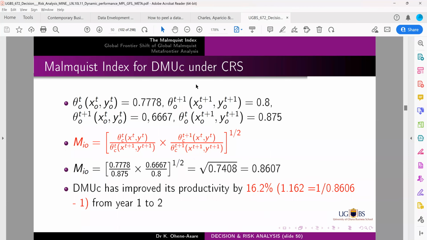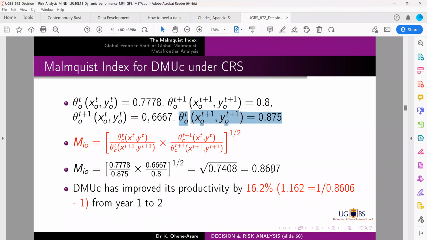We're able to apply this to our data set that had own period efficiency scores, another own period efficiency scores, and then cross period efficiency score, and another mixed period efficiency score. We use that to obtain the Malmquist Productivity Index, which was 0.86. And we said that that is indicative of progress.